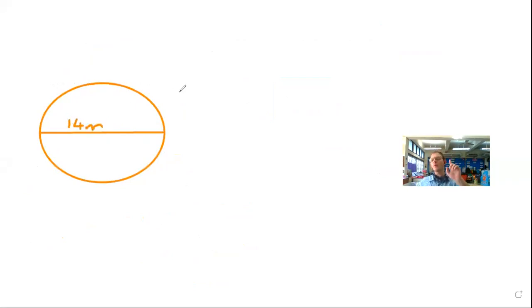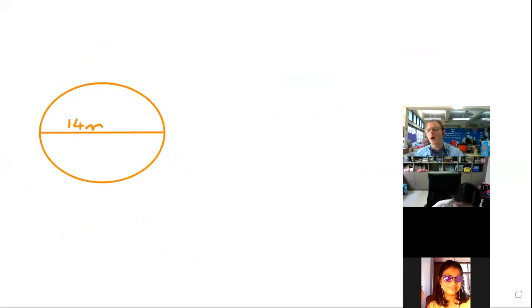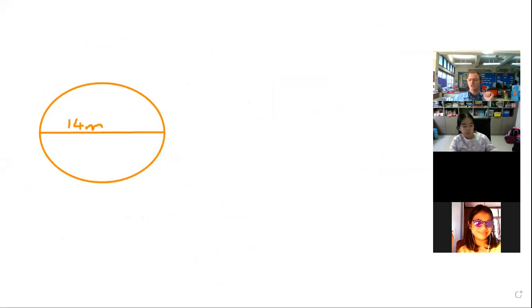So what would the formula be? Or let me ask it in this way. What do we want to calculate first? Do we want the perimeter? Excellent. Yes, that's a beautiful answer. Thank you very much. We want to calculate the perimeter so that we know what is the total length of walking around the pool once.